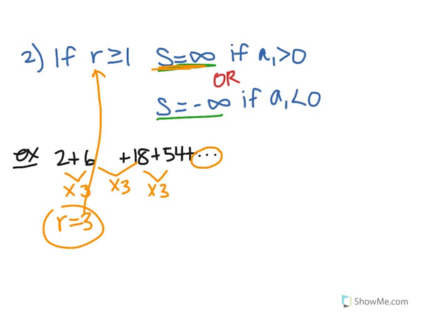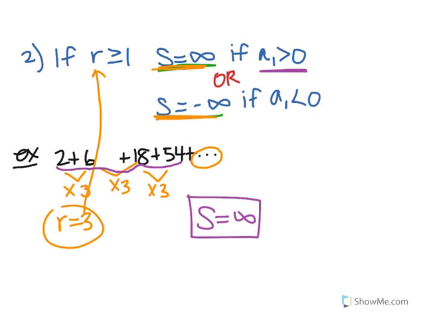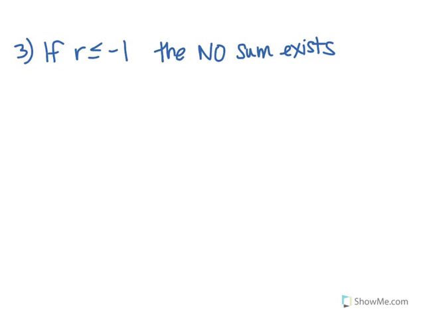So I know my answer is going to be infinity or negative infinity. If you look at this sequence, 2 plus 6 plus 18 plus 54, the numbers are getting larger, so the sum is going to get larger. And since the first term is positive, the sum is going to be infinite. If I were to keep adding more and more terms, the sum would just get bigger. Alright, and here's the last case.